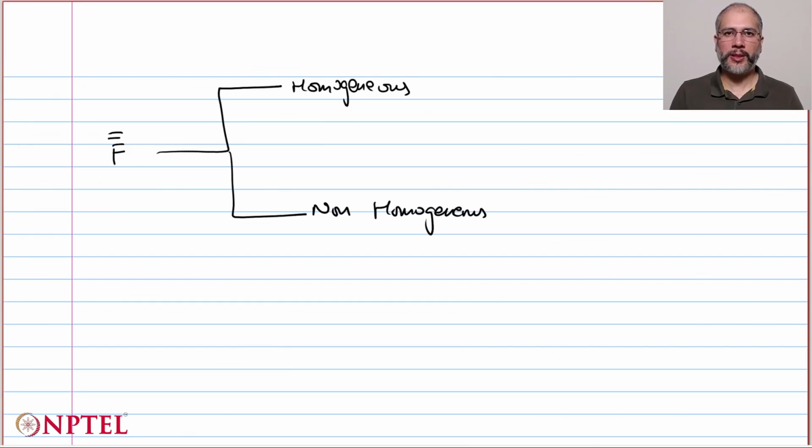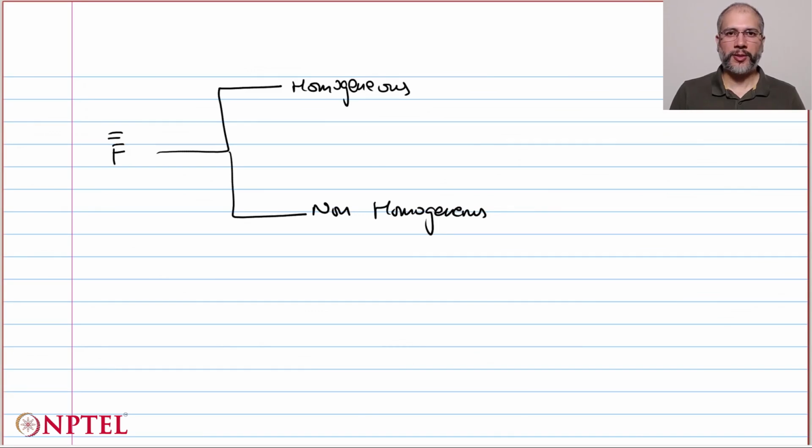Now, the meaning of homogeneous is something that does not change with spatial position. So F being homogeneous means that the deformation is the same for all material particles in the body. So all material particles deform in a similar way. So if there's rotation happening, then the rotation is the same for all material particles in the undeformed configuration.